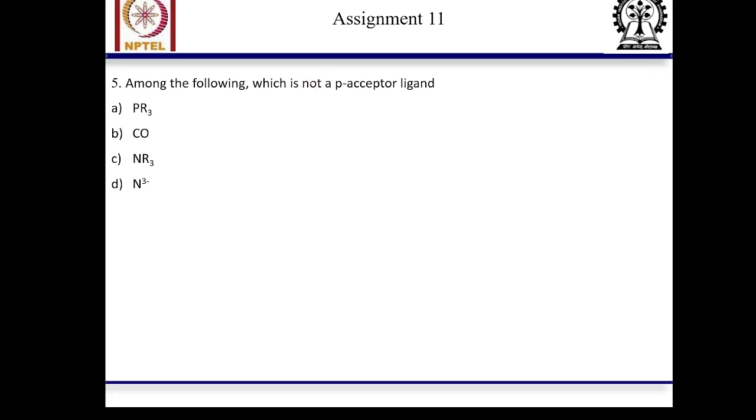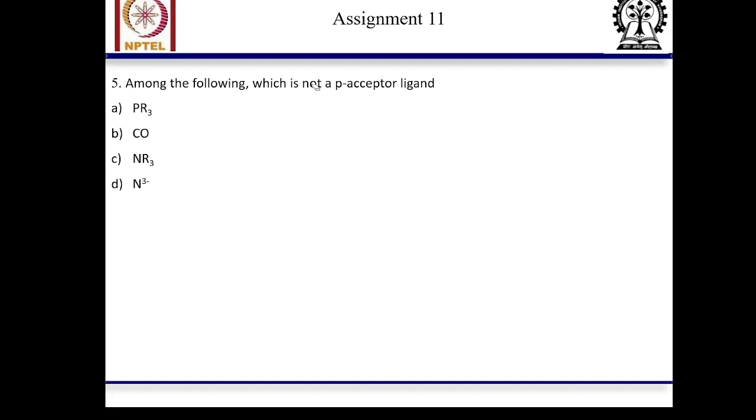Okay, but C is not the correct answer. Can anyone guess any other answer?